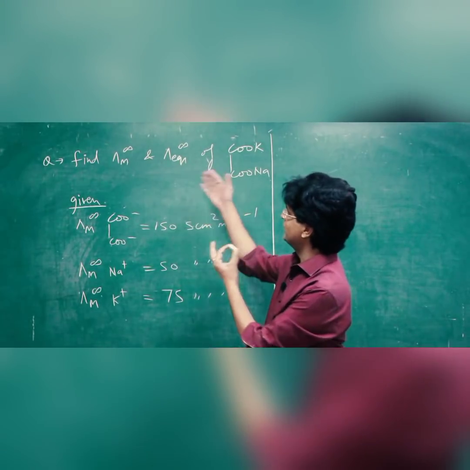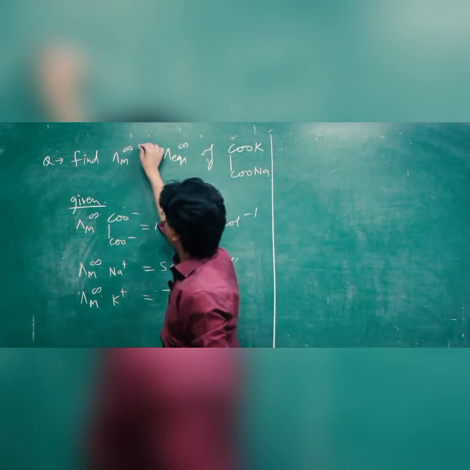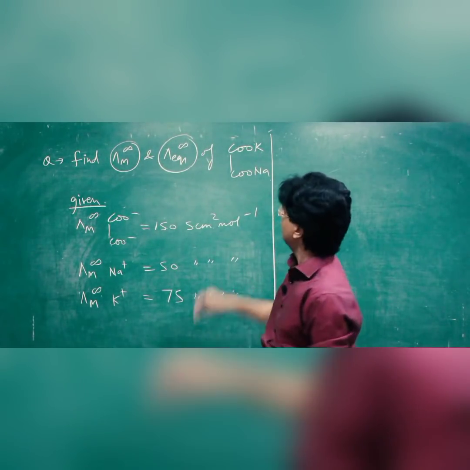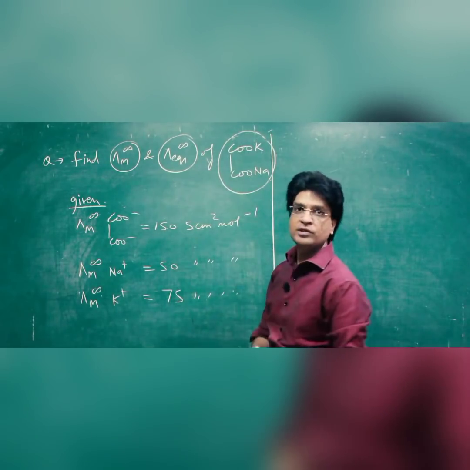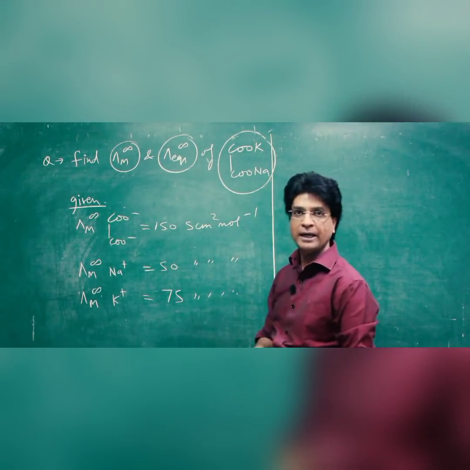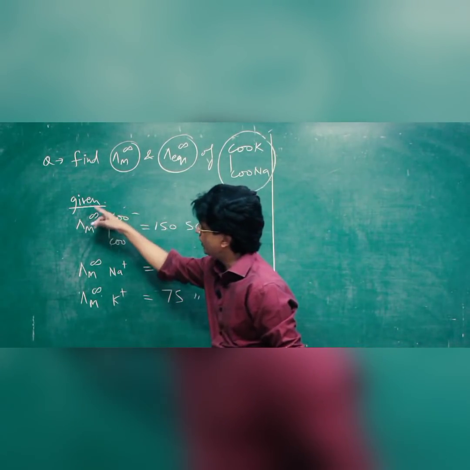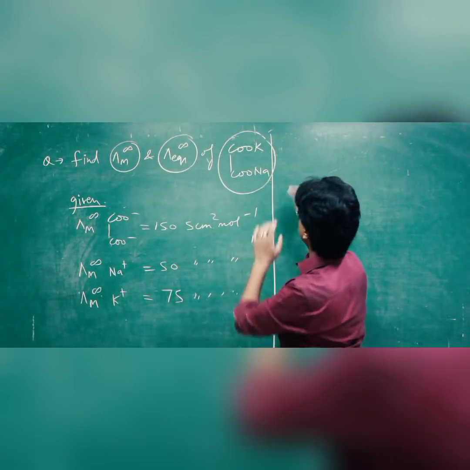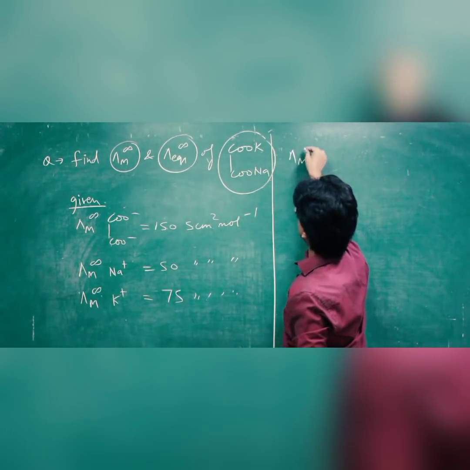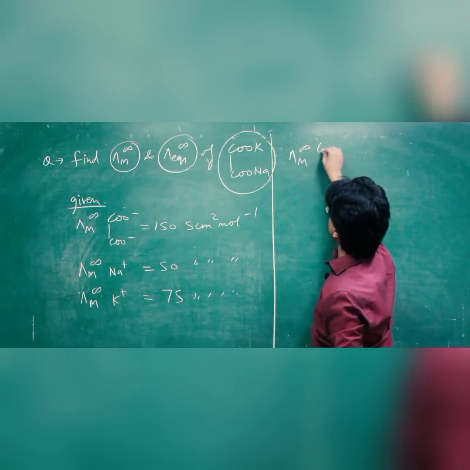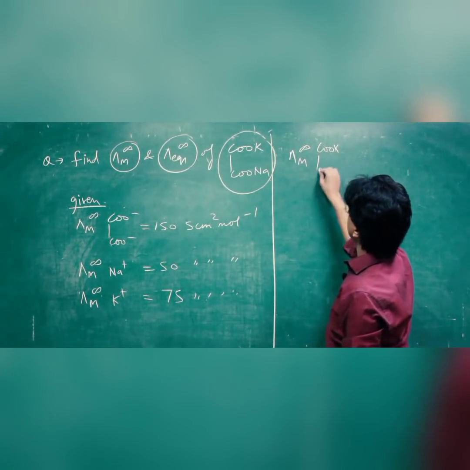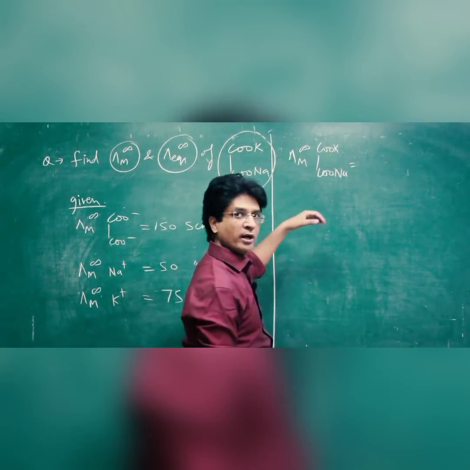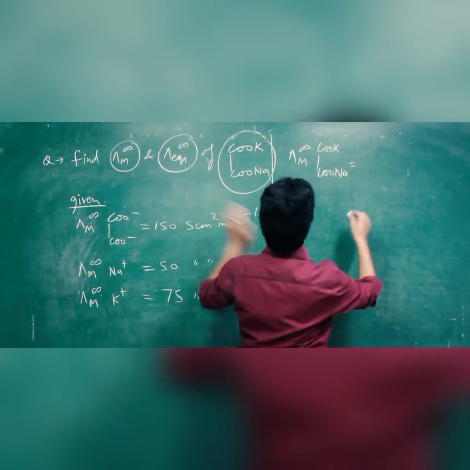So come, let's see this question. They're asking you molar conductivity at infinite dilution and equivalent conductivity at infinite dilution of these salts, COOK and COONa. They have also given you molar conductivities of the responsible ions. Now I know from Kohlrausch law that the molar conductivity of COONa will be because of the molar conductivity of all the ions.